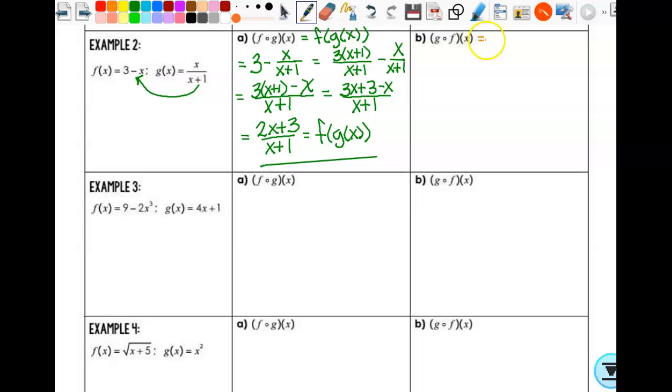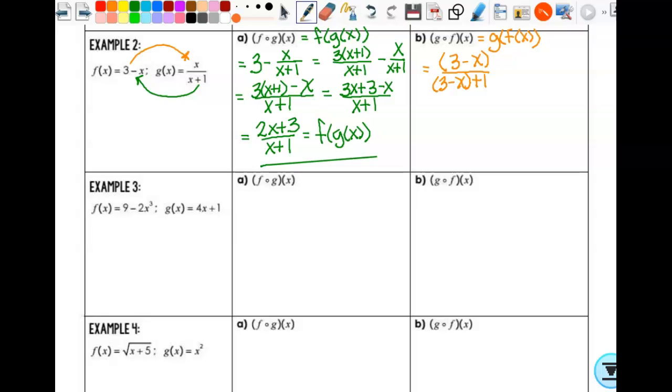All right. So then I have g of f of x. So I'm going to take f and substitute it into g. So in the numerator, I have 3 minus x over 3 minus x plus 1. So I have something in the numerator that matches the denominator. Can I cancel out this 3 minus x?